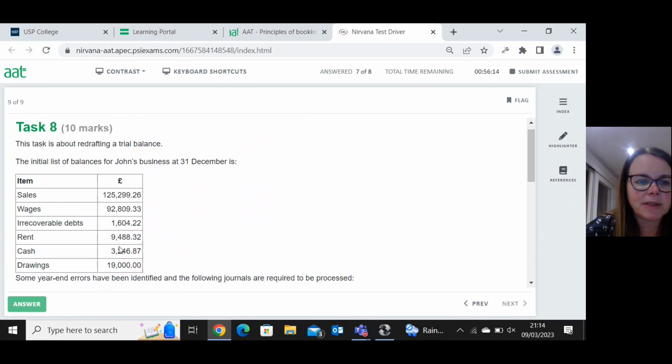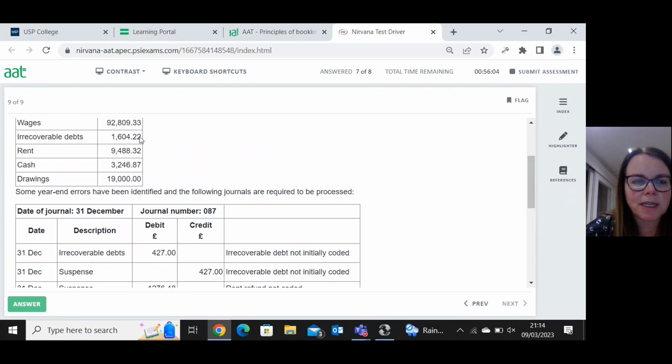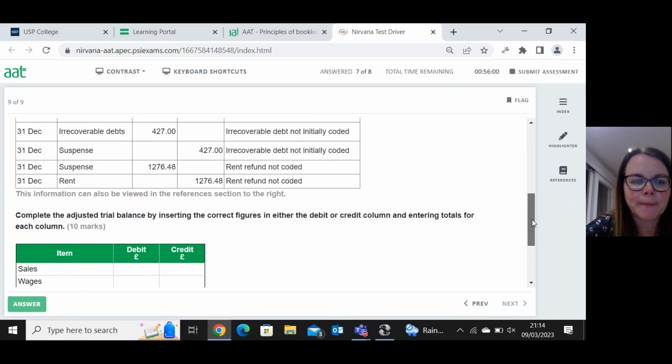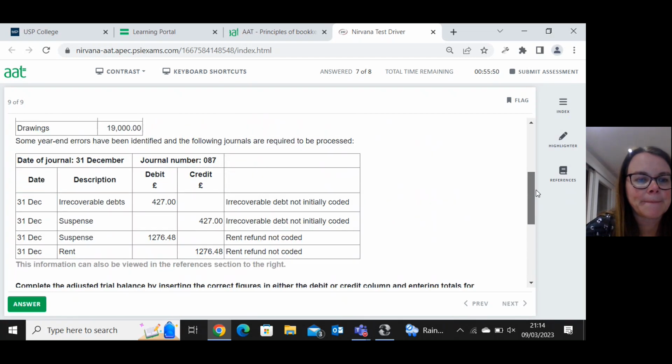Irrecoverable debts is an expense, so I know I'm starting with a debit and I've got to debit it. Therefore I've got to add 1604.22 onto 427, which gives me a debit of 2031.22 for irrecoverable debts. The only other one is rent, which is being credited.